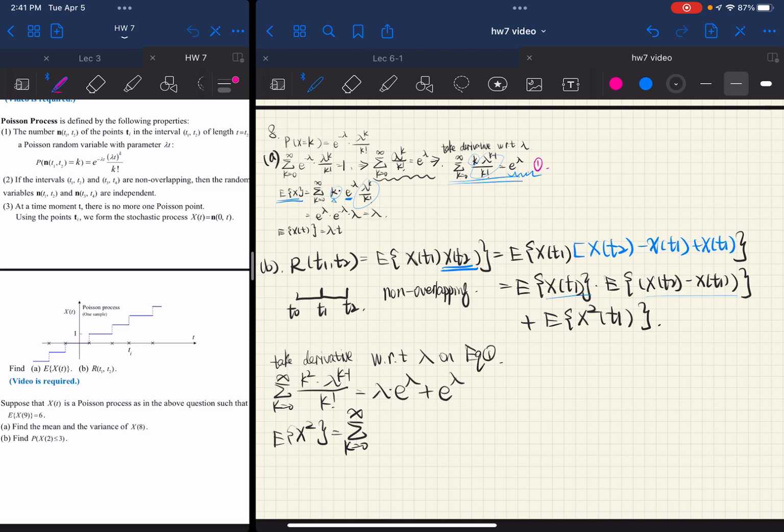The expectation of X to the power of 2 equals the summation from 0 to infinity of k to the power of 2 times the density function.